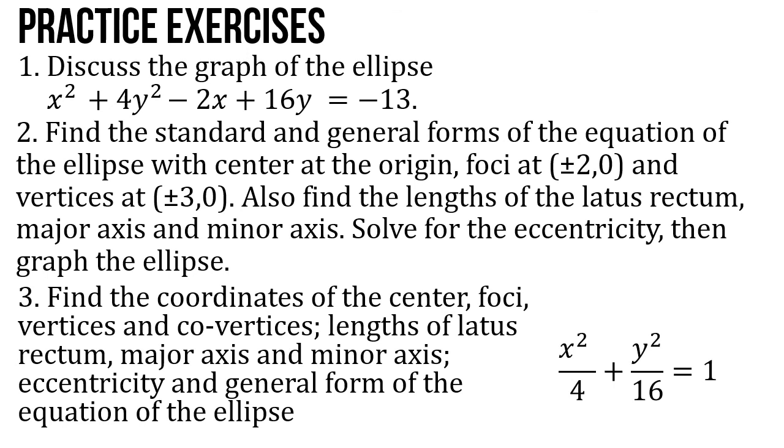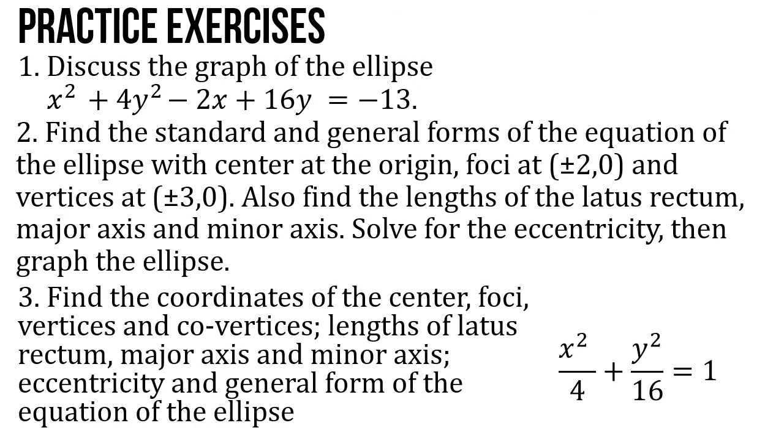For number 2, find the standard and general forms of the equation of the ellipse with center at the origin, foci at plus or minus 2, 0, and vertices at plus or minus 3, 0. And also find the lengths of the latus rectum, major axis, and minor axis, the eccentricity, then graph the ellipse. Also graph the ellipse in number 1.